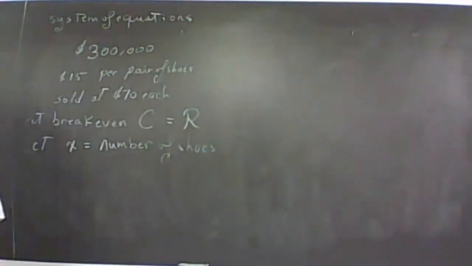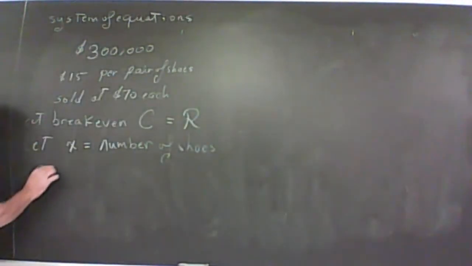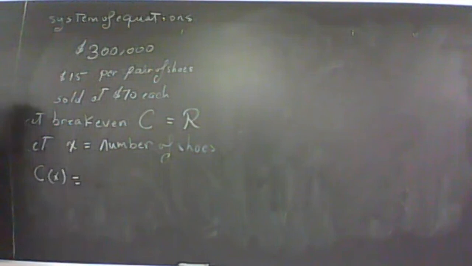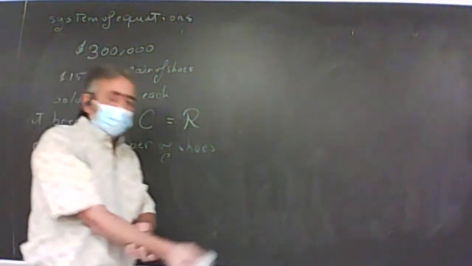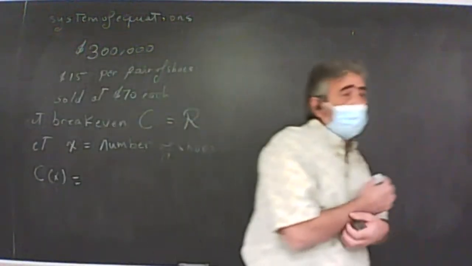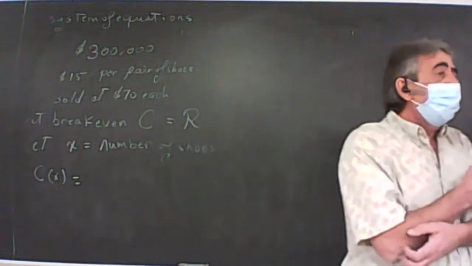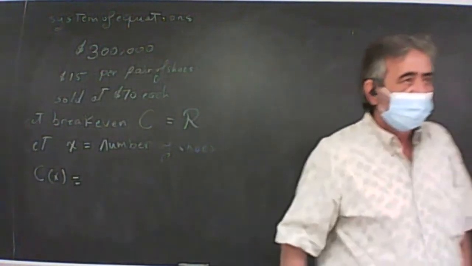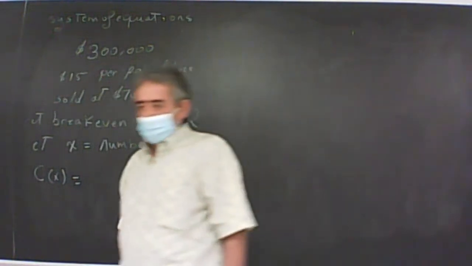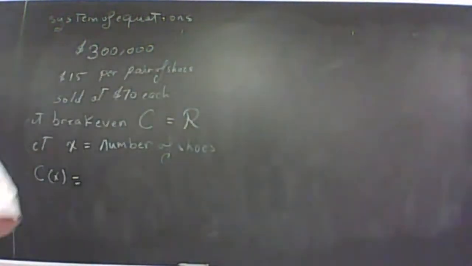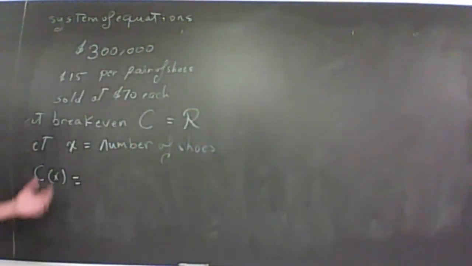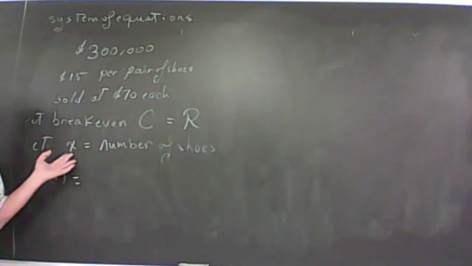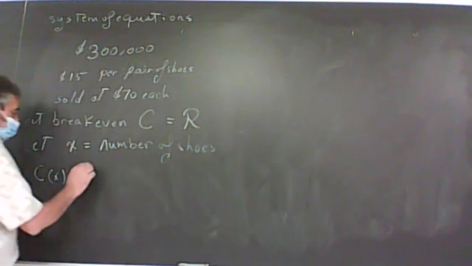Yes? So what is the cost function? C of x equals. What is the company paying to make those shoes? $15 per shoe. So if they want to produce x amount of shoes, how much are they going to pay? 15x.